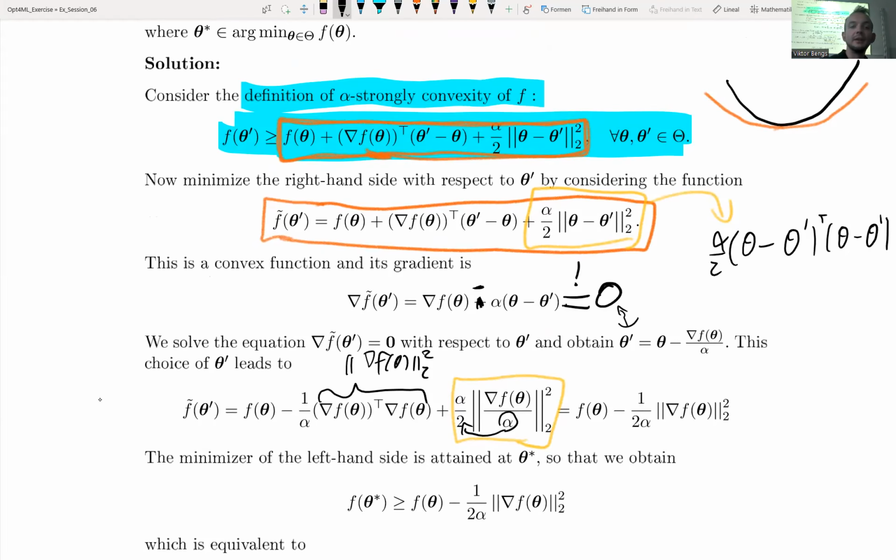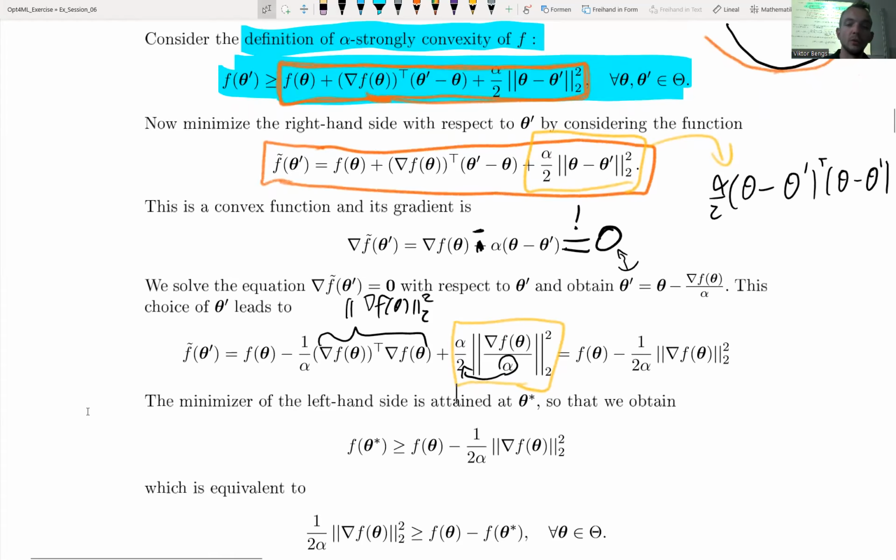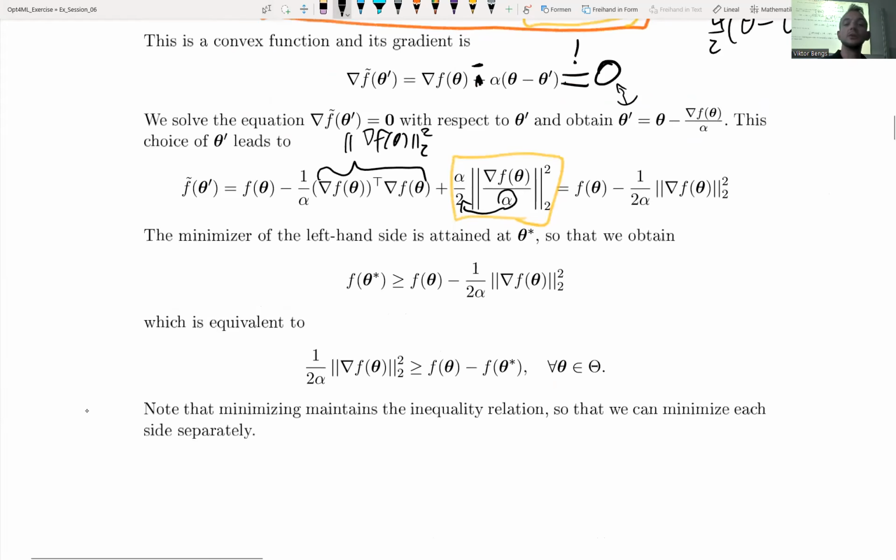Now the left-hand side, well, what's the minimizer of the left-hand side? It's the theta prime, the value where, or one of the values where it is minimal. And we get, well, left-hand side minimizer is smaller than right-hand side minimizer, and evaluating these things at the corresponding point is giving us this one.